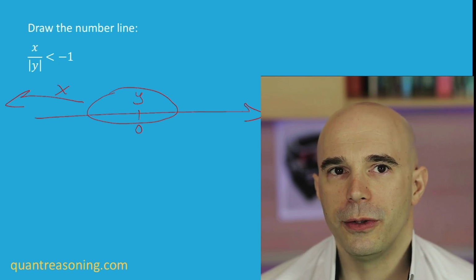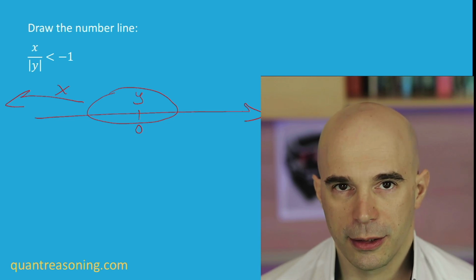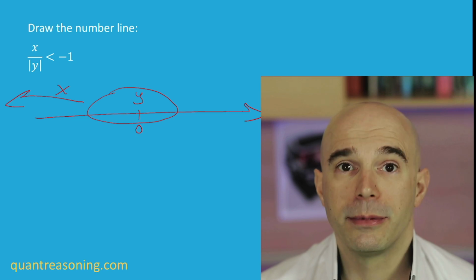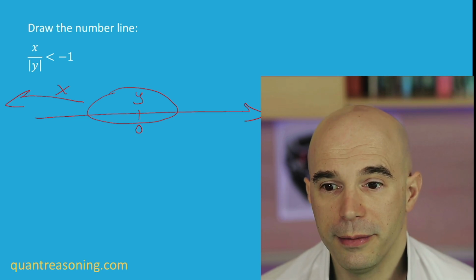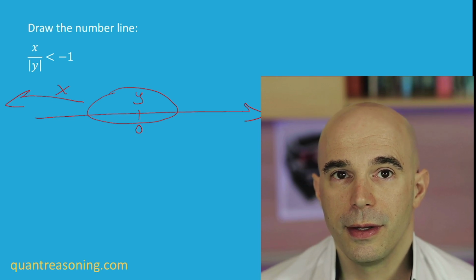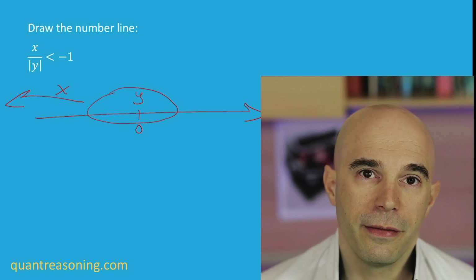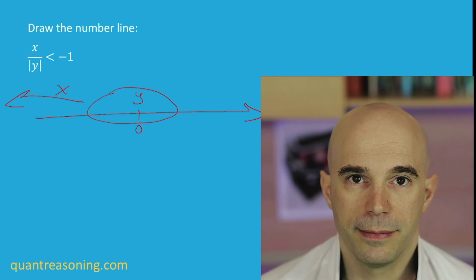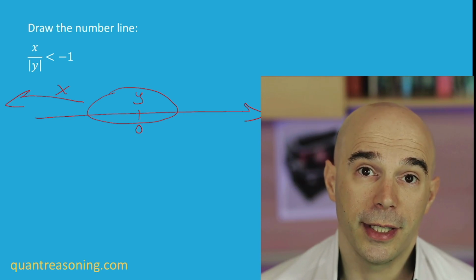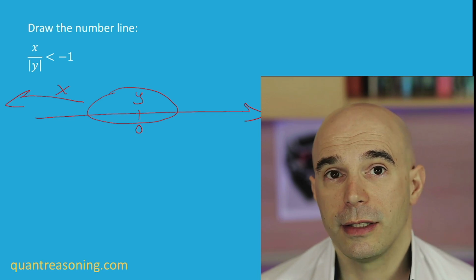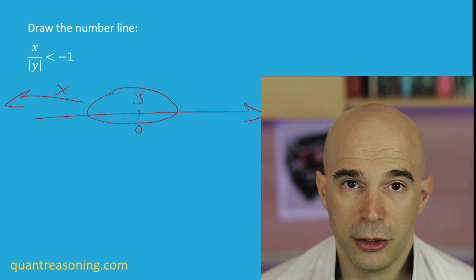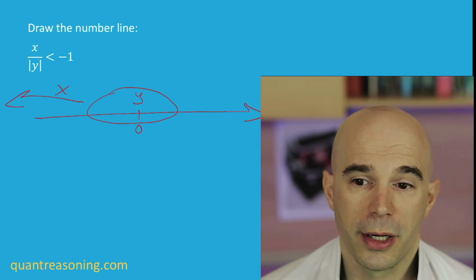If a ratio is more than 1 unit away from 0, another way to say that is, if the absolute value of a ratio is greater than 1, then the numerator of that ratio must be farther away from 0 than the denominator is. And vice versa. If a ratio is less than 1 unit away from 0, then the denominator of that ratio is farther away from 0 than the numerator is.